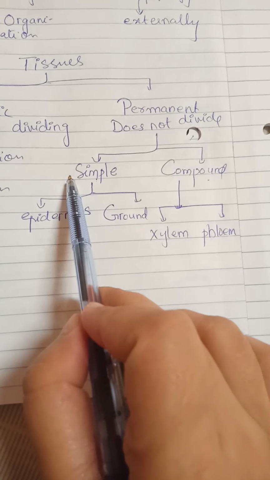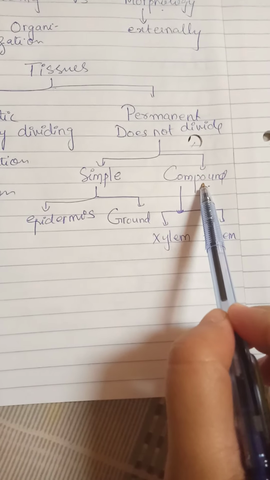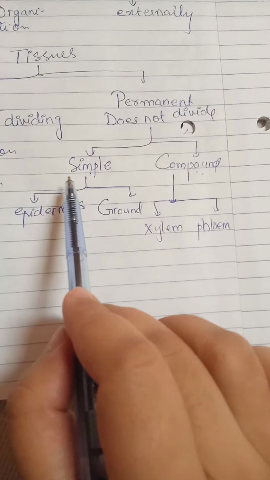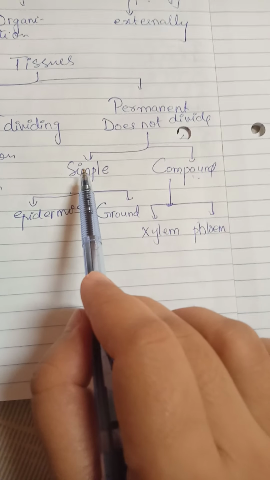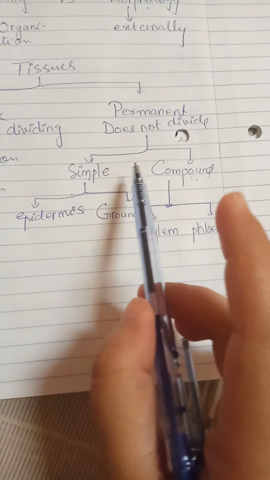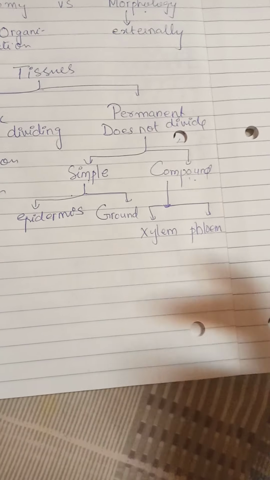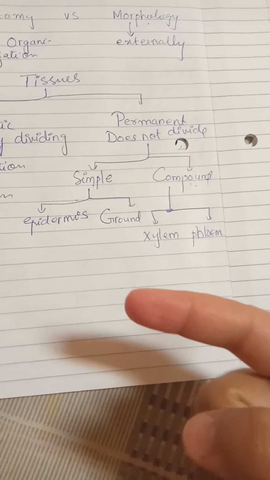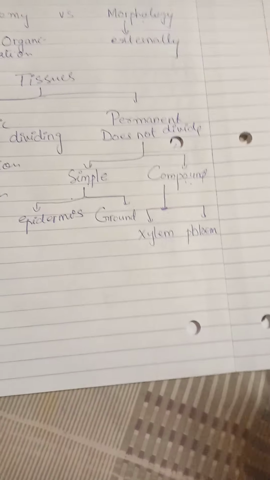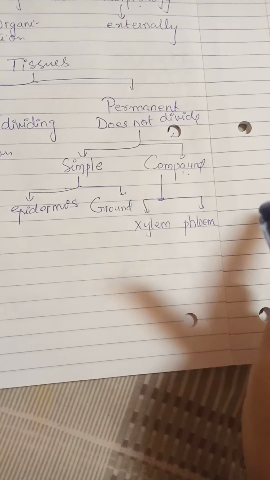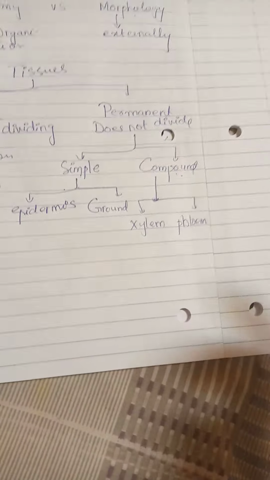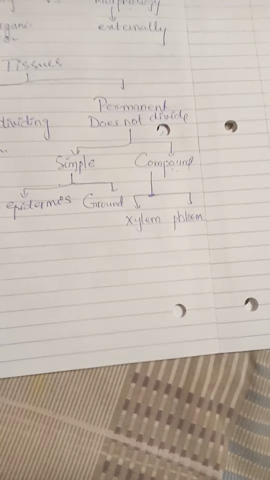Why are these called simple tissue and why are these called compound tissue? Because the simple tissues are made up of only one kind of cells, and they perform only one function, means one type of cell with one function. Whereas compound tissues are made up of more than one type of cells, and they perform as a whole one function.